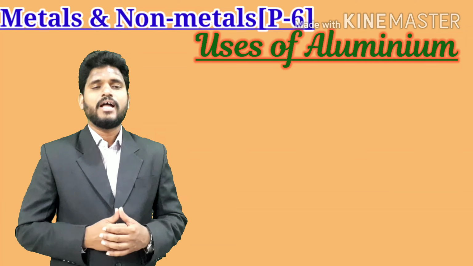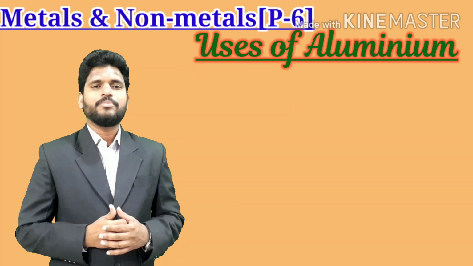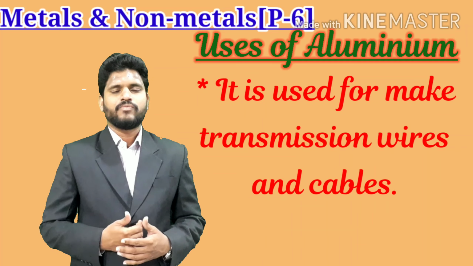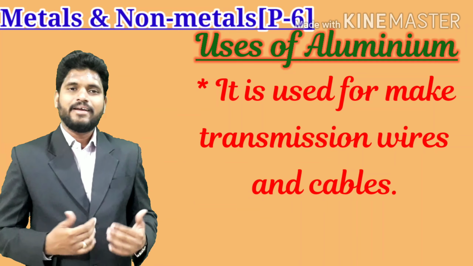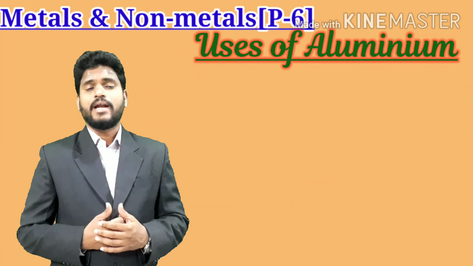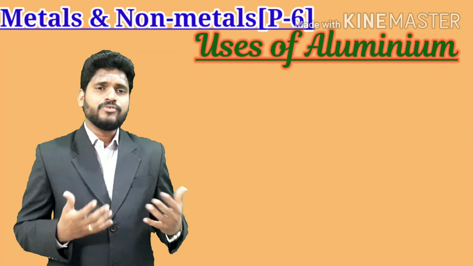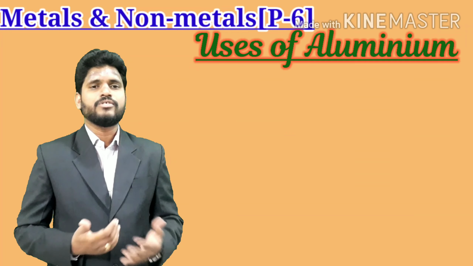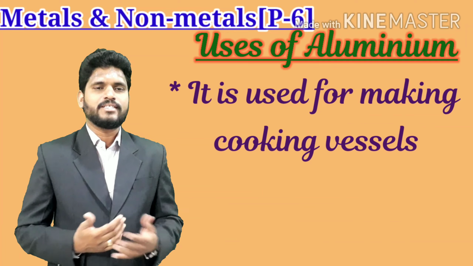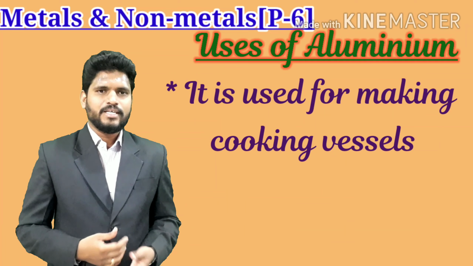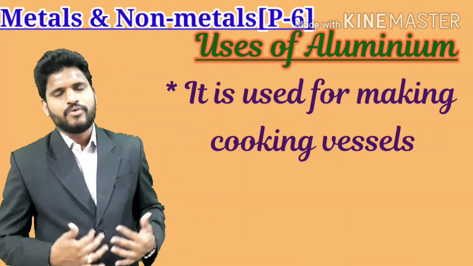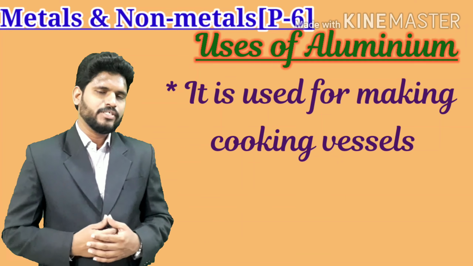With the help of aluminium we can make electrical wires and cables, and it is also used to make so many utensils and cooking vessels which we use in our houses, right?